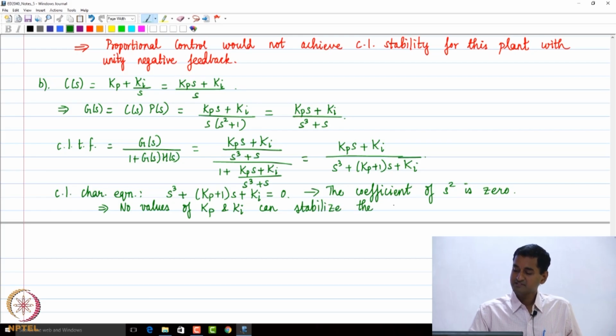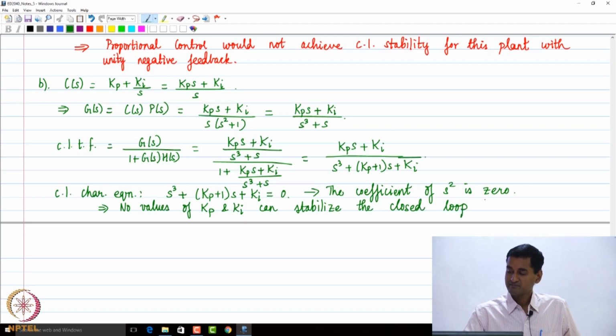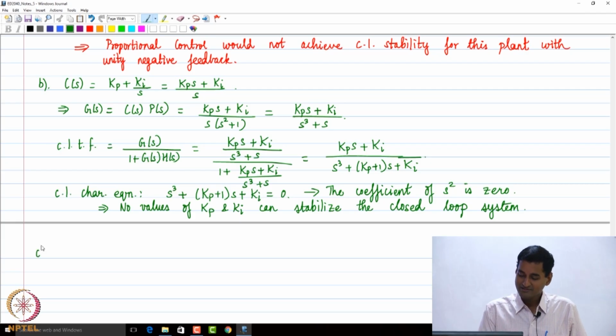That is the implication of this result. Correct, so the PI controller will not work. Now you see why we digressed and learned the Routh stability criteria and came here. You can see that our analysis becomes more simple.